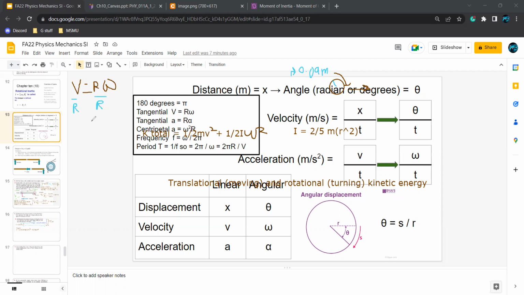Where R is radius, which we also use as little r. So it's the same thing.